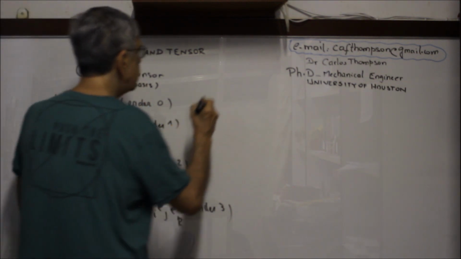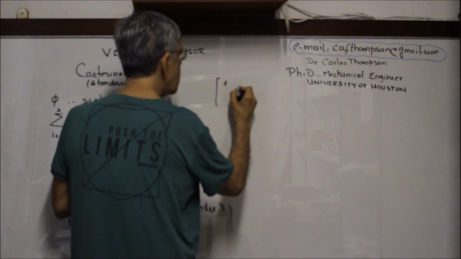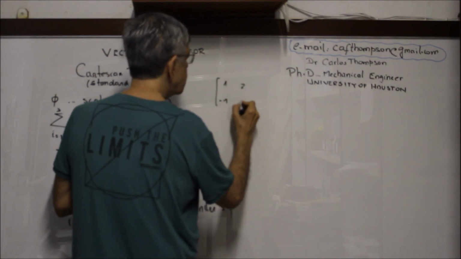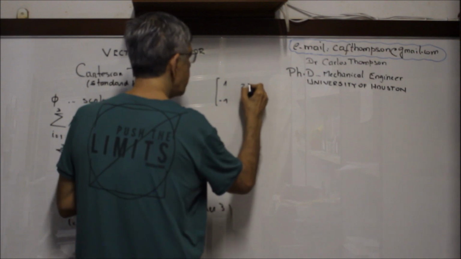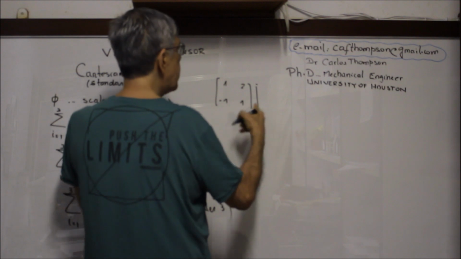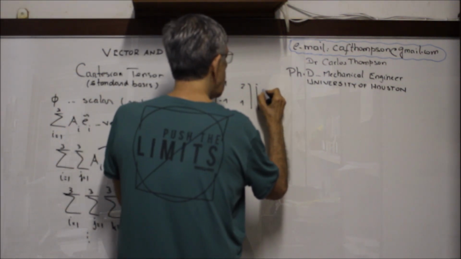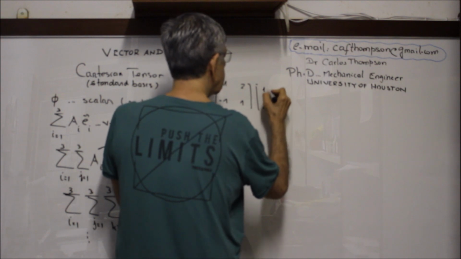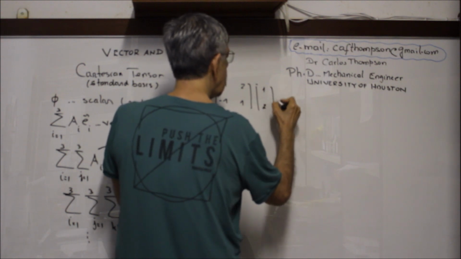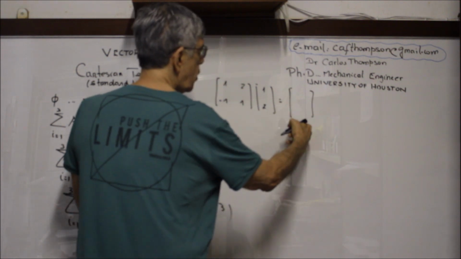Suppose you have a matrix A. Let's put 1, 2, minus 1, and 1. This matrix operates on a vector, let's say the vector 1, 2. This yields another vector.